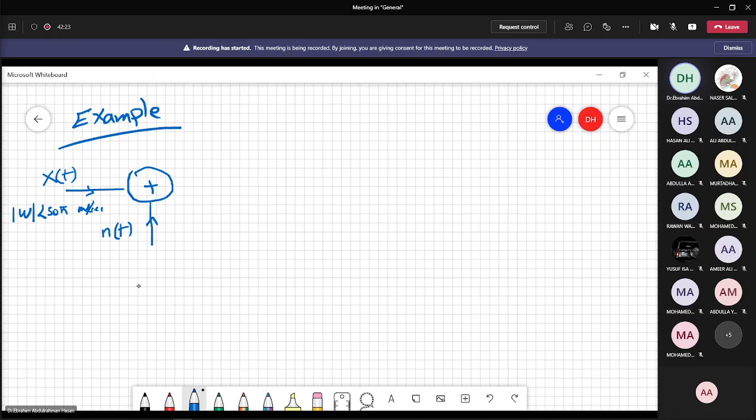And this is a sinusoid with omega equal to 120 pi, k cosine 120 pi t, and k is a large number. Then the combination of these two, which is x of t plus n of t, I take it to a sampler.